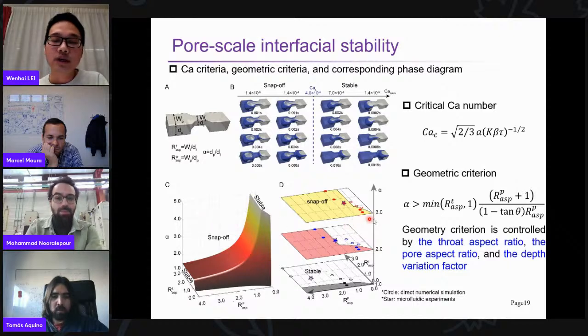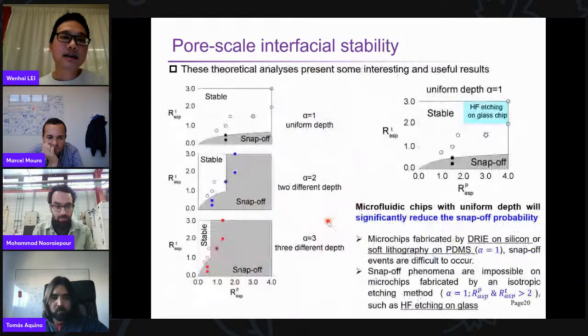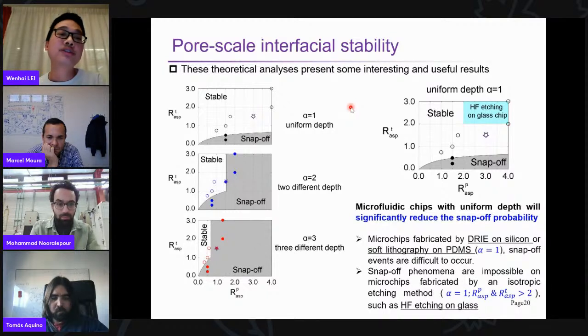When we choose different depth variations varying from 3 to 1, you can get three different phase diagrams, and each phase diagram has been validated by the numerical simulation data and the experimental results.